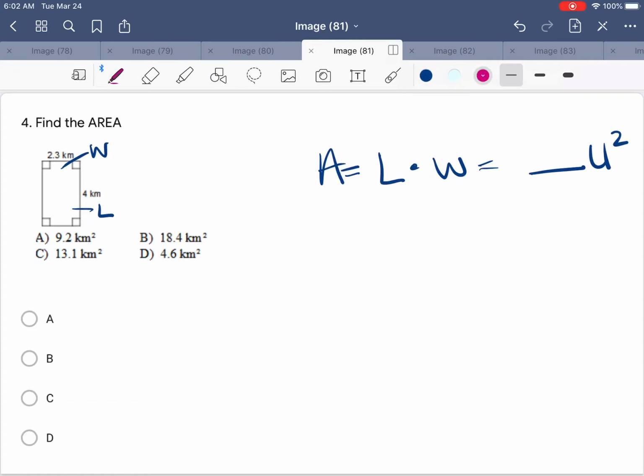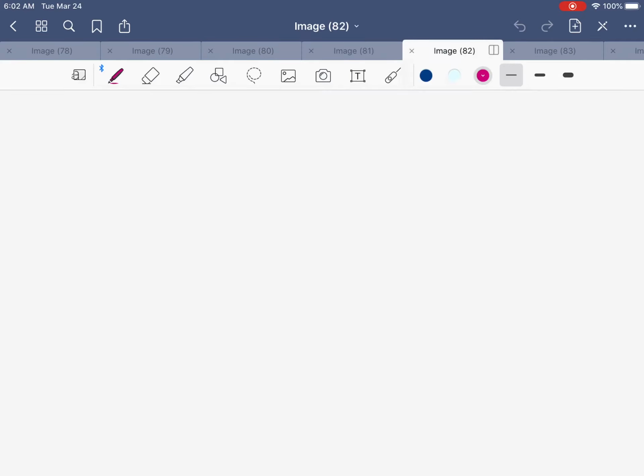So the length is 4 times the width is 2.3. So I need to multiply those two together and find out whatever that answer is, again, with kilometers squared as my units. So that is number 4.